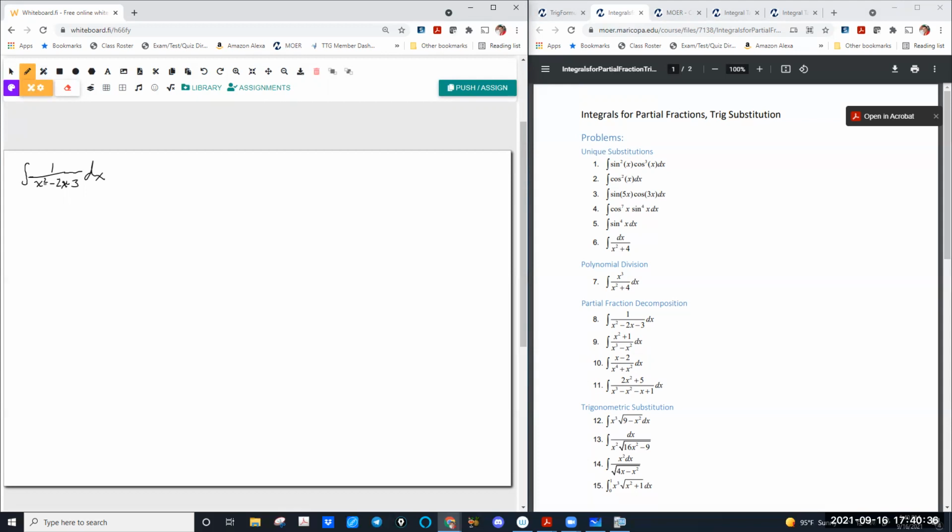If it is not factorable, partial fraction decomposition won't work. So this needs to be able to be factored. So first thing you do is you factor your denominator. And this is going to factor into x minus 3 times x plus 1.